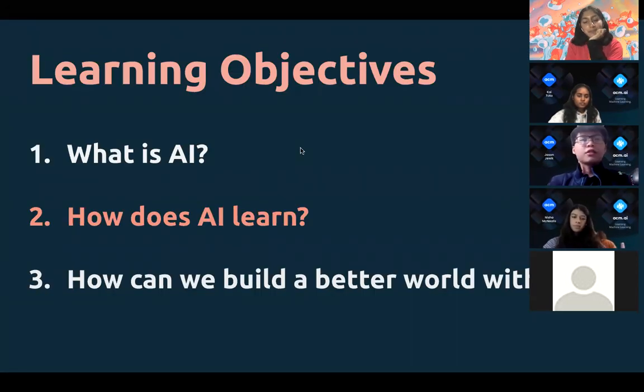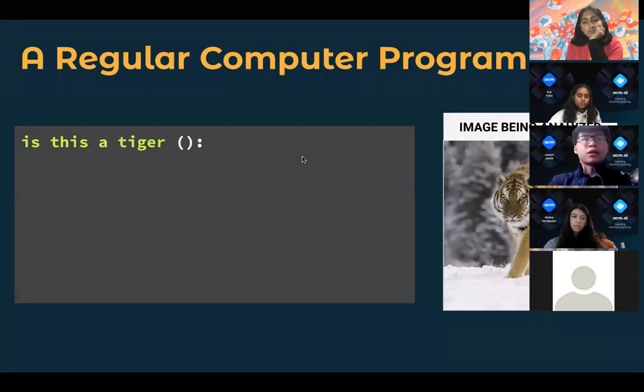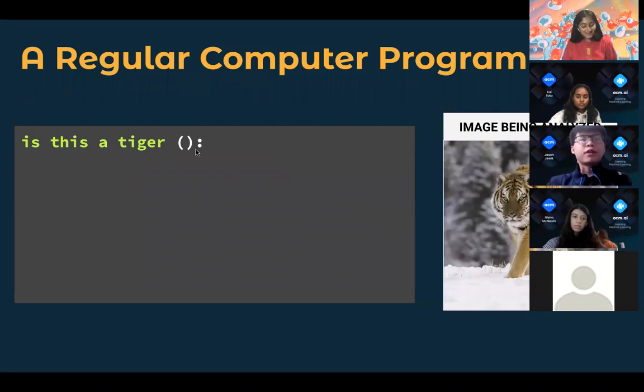And now we're going to talk about how AI learns, with an example of a computer program. As soon as I switch the slide over, you could probably immediately tell that the image on this slide is of a tiger. But how can we get a computer program to understand that what we're looking at is indeed a tiger? Let's say we write a program and we call it, is this a tiger?